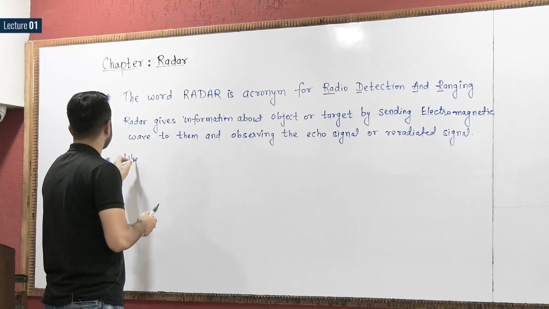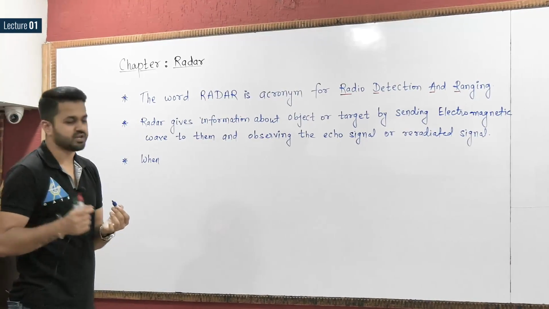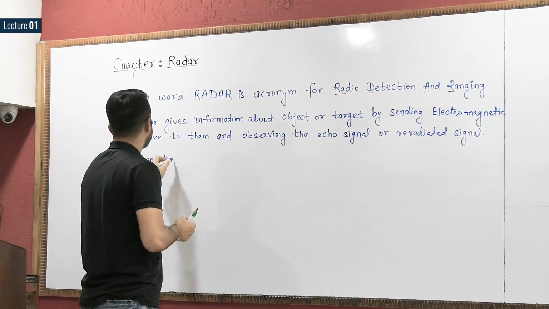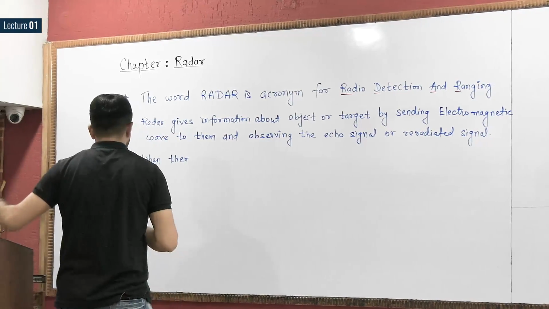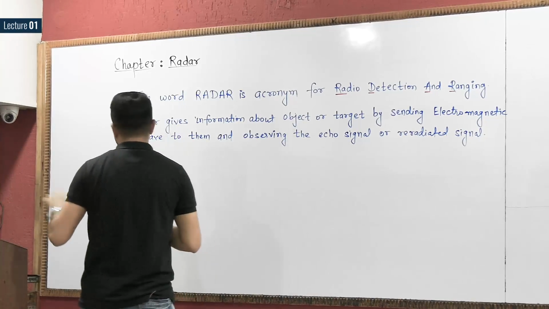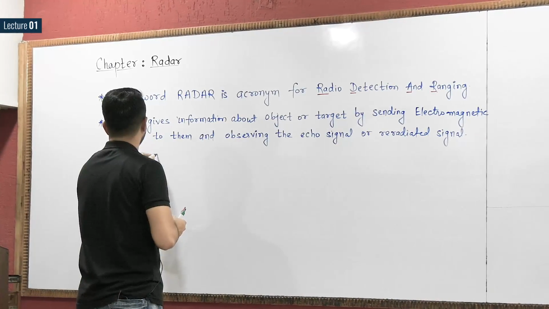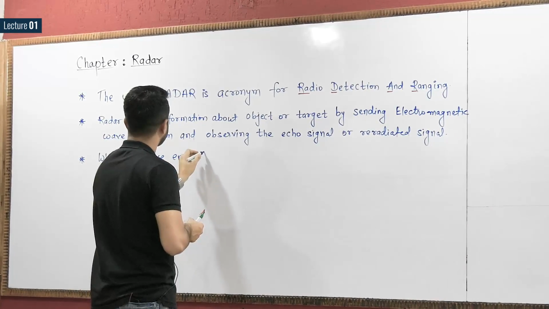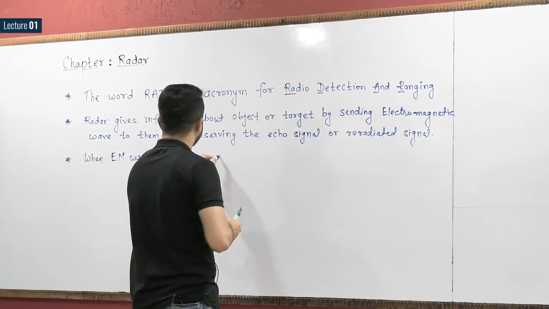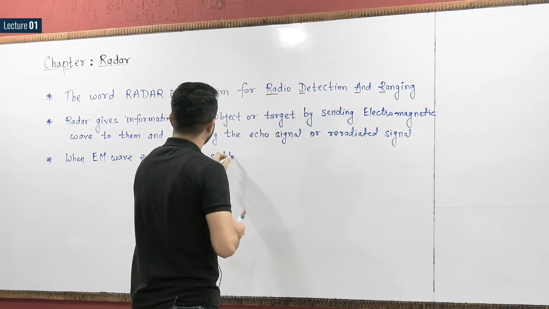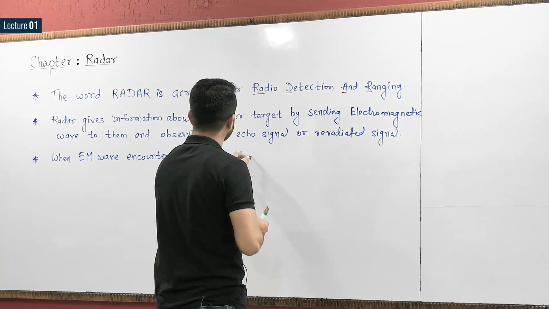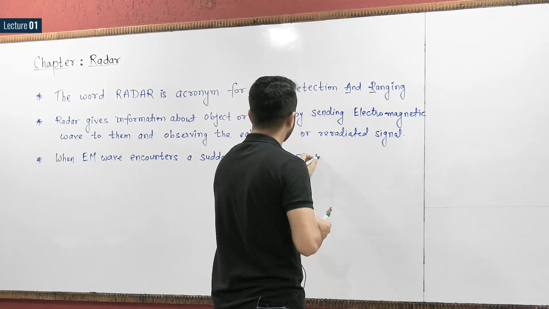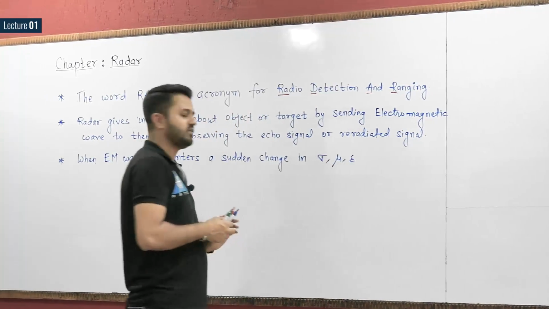The third point you can write: when the radar signal or electromagnetic wave encounters a sudden change in sigma, mu and epsilon, what will happen?